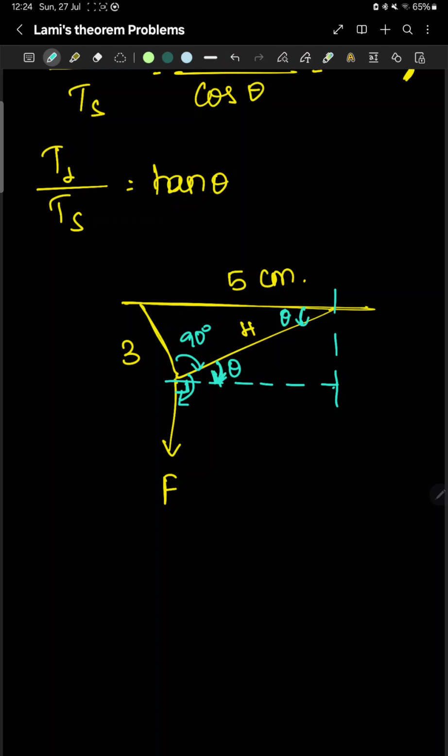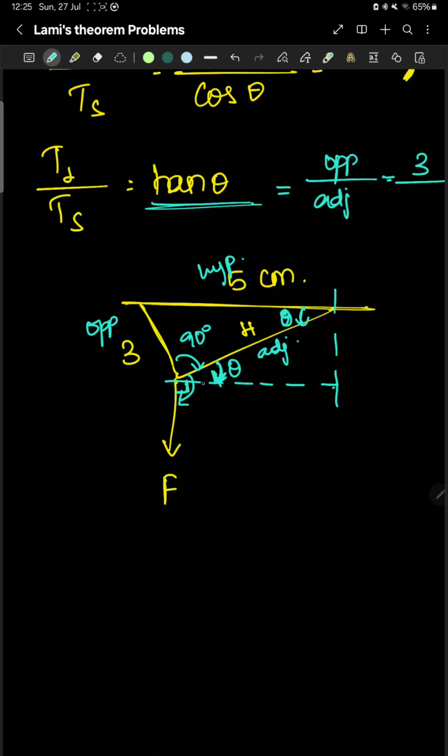In this theta, this side will be the opposite side and this will be the adjacent side. Tan theta is equal to opposite side divided by adjacent side. Here the opposite side is 3, and the adjacent side is 4.